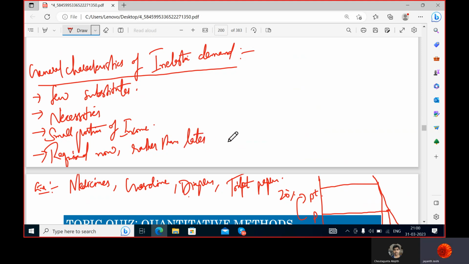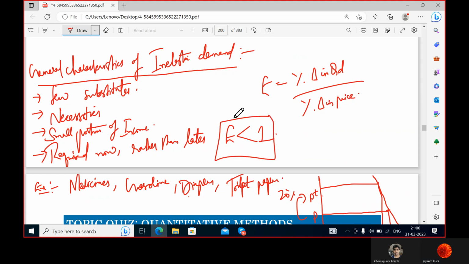One more thing I have to tell you: the elasticity coefficient is less than 1. That means the elasticity coefficient is percentage change in quantity demanded divided by percentage change in price. Whatever you get will be less than 1. That is the characteristic. The change in price leads to a smaller change in quantity.